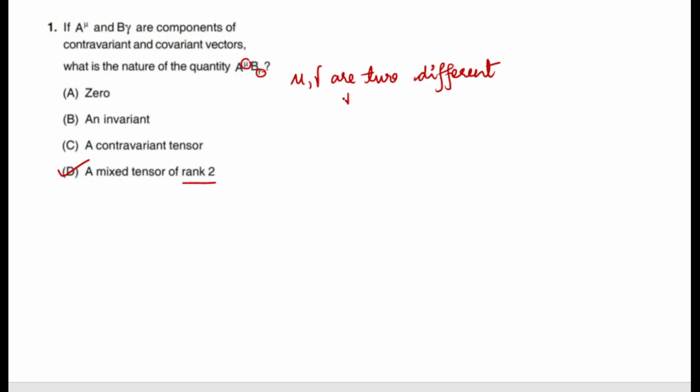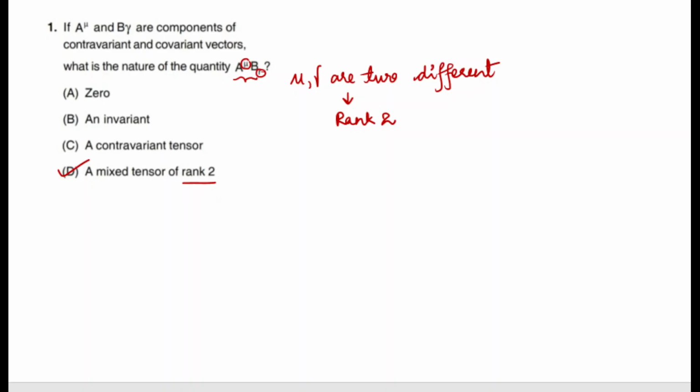So I can say it has rank 2. And this is a mixed tensor. This is the example of the mixed tensor. This is a way to write the mixed tensor. So it is a mixed tensor of rank 2.